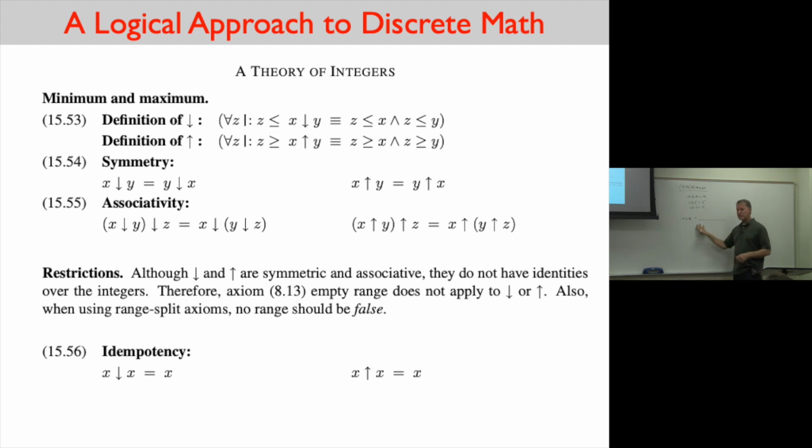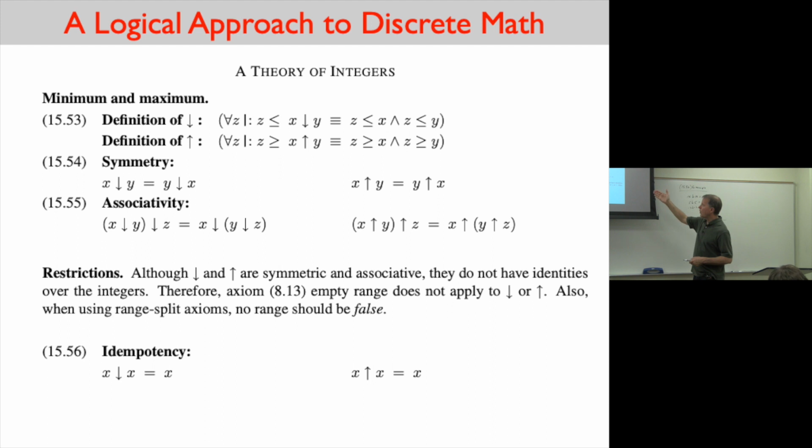Do you see what I mean? Let's look at that a little closer. The definition of x min y is not x min y equals something. This is what the min of x and y is. It's not in this form.